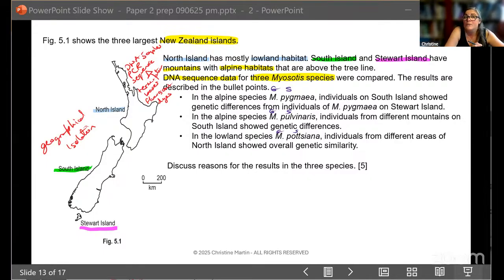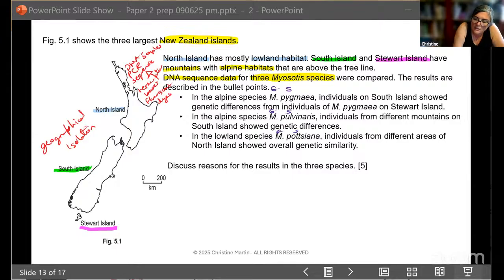It could be evolution, because we're looking at whether their DNA is genetically similar or genetically different. Did they have a common ancestor? If we're looking at OCR's way of assessing this, they'll give you a bit of information and want you to pull forward the knowledge that you already have.